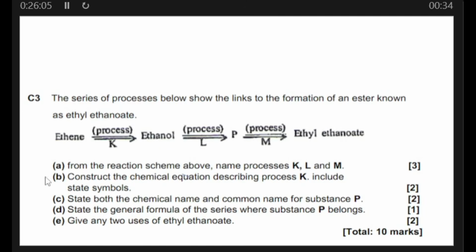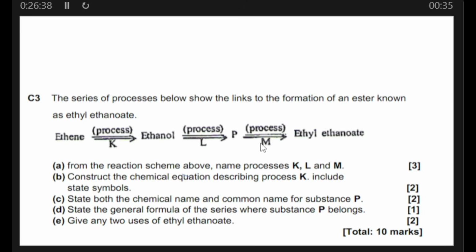So what you should understand is when you have ethene to change to ethanol, this must be a reaction known as hydration. So when ethene reacts with water, it must give us ethanol. Then this ethanol here reacted with another substance to give us another substance which they haven't shown here.